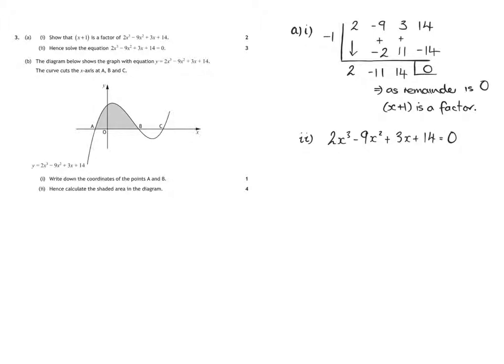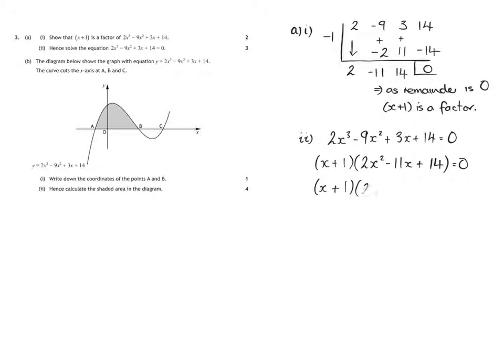So because we know that's a factor, we're going to have x plus 1, and then we're going to have 2x squared minus 11x plus 14 equals 0, and that comes from here. So our 2 becomes our 2x squared, our minus 11 becomes our minus 11x, and the 14 becomes plus 14. So now we have to factorize that second bracket.